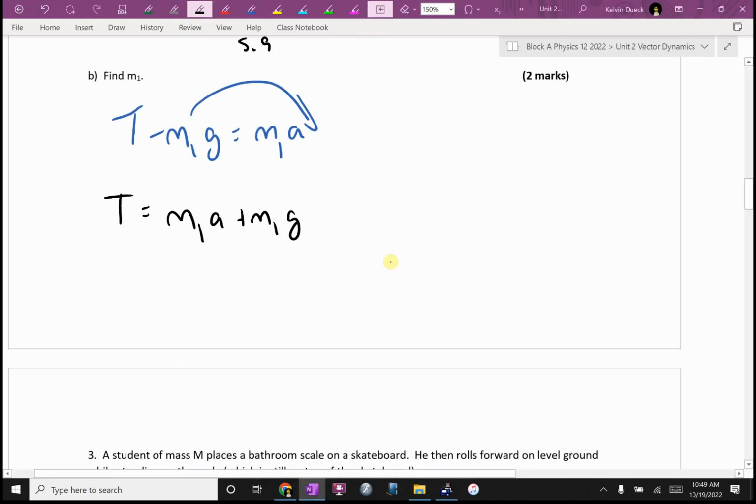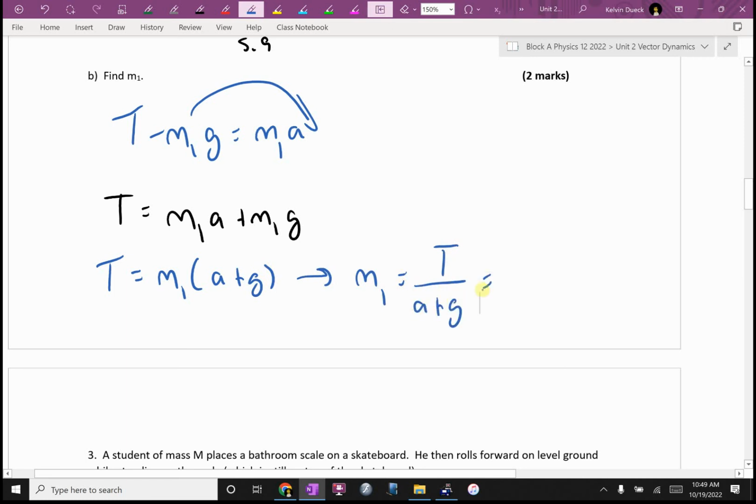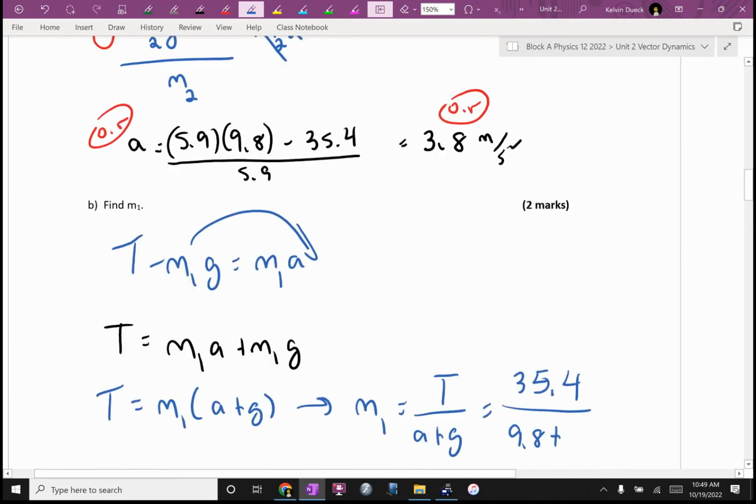Back to here, I'm going to write this as T equals M1 bracket A plus G. So M1 is going to be tension divided by A plus G. What was tension? 30-something, 35.4 divided by 9.8 plus 3.8.